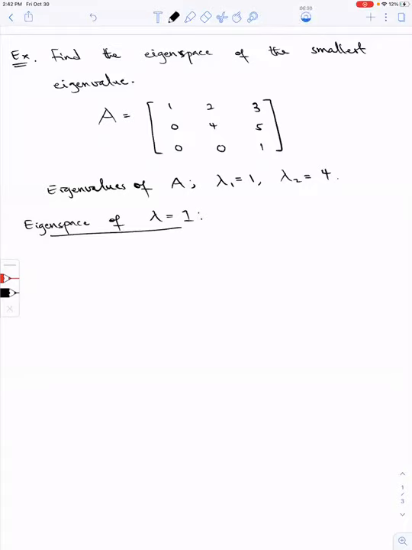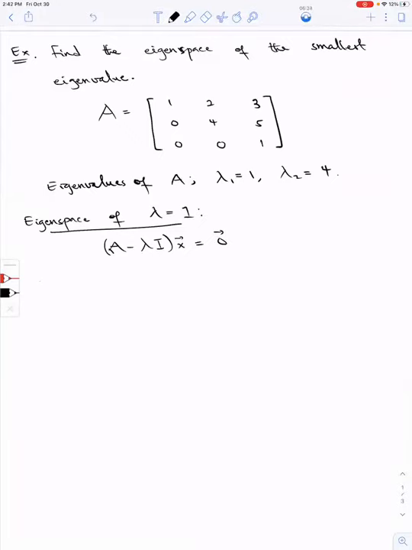To do this, we need to find the non-trivial solution of (A - lambda I)x = 0. Doing this quickly, A - lambda I gives me [1-lambda 2 3; 0 4-lambda 5; 0 0 1-lambda].